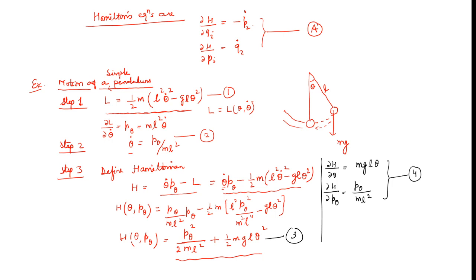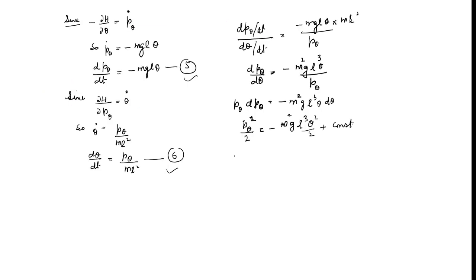So you may put theta dot ml square, whole square by 2, equal to minus m square g l cube theta square by 2. This constant will be 0, and now solve it and you can get the equation of motion of a simple pendulum. So this is the way to use the Hamilton's equations of motion.